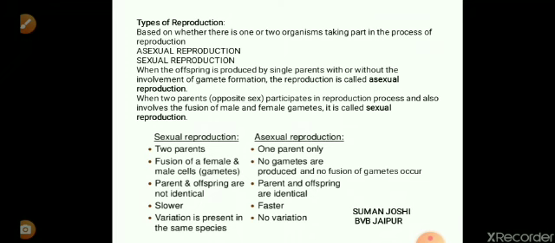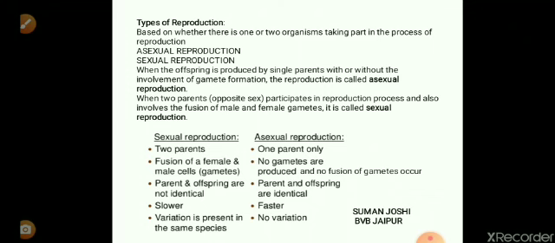Parents and offsprings which are formed in asexual reproduction are identical, morphologically as well as genetically identical. Of course, asexual reproduction is the faster process, but the major drawback is that no variation occurs in asexual reproduction.